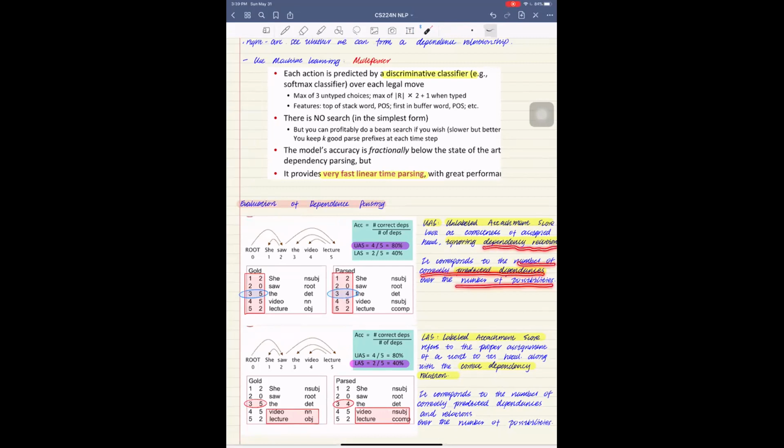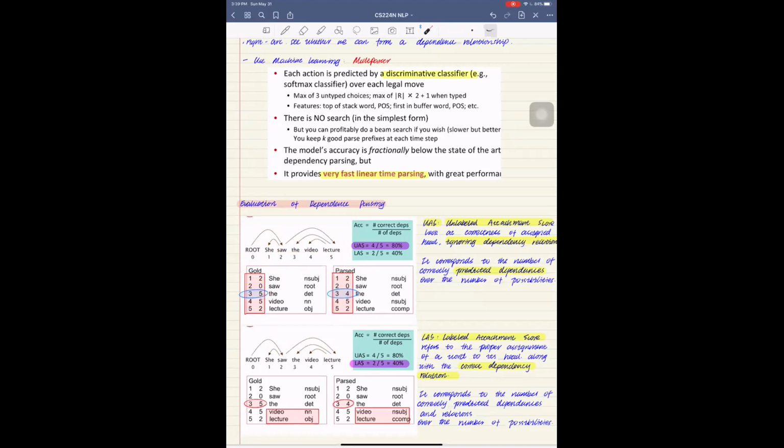So for example, suppose we have this sentence, she saw the video lecture. This is the gold standard, like a Treebank, the final standard we look up to. And that's our model. We're going to see whether all those nodes or words are linked to the right nodes or not. Everything is perfect except for this one.